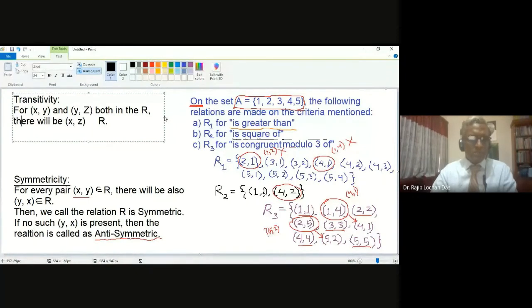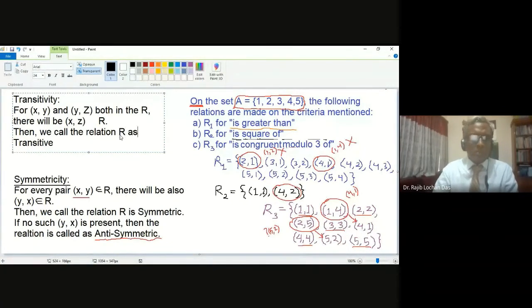We call this the transitive relation. So that is the third property.